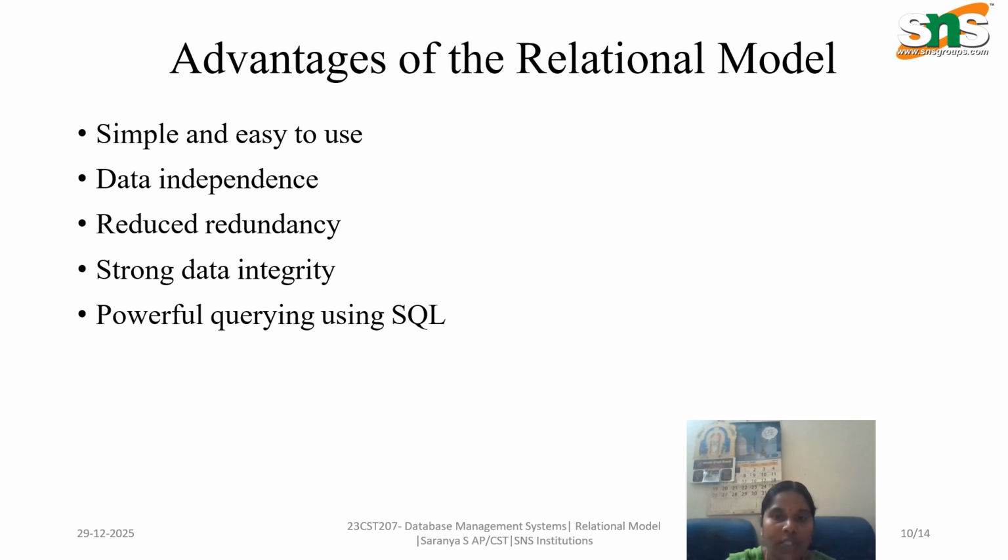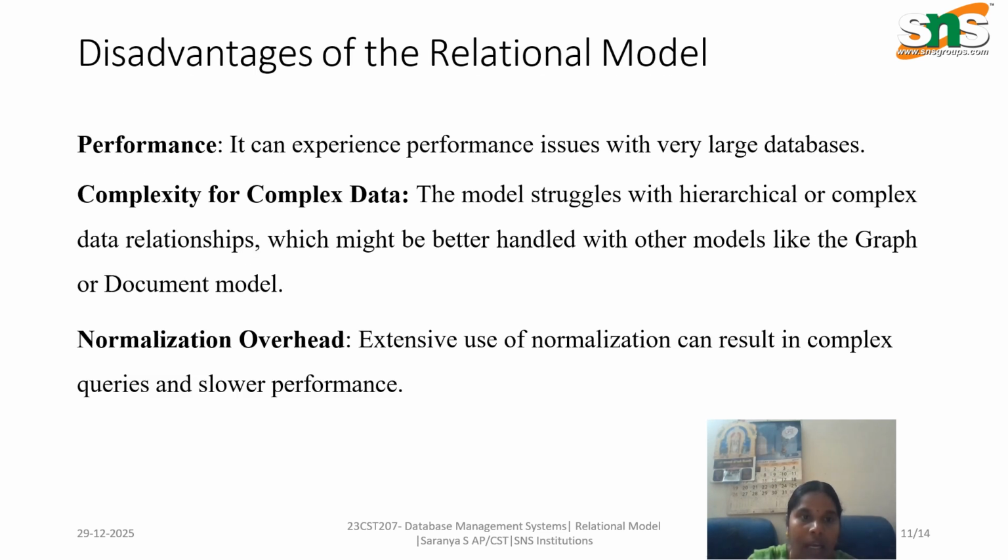The advantages of the relational model are that it is simple and easy to use, with data independence, reduced redundancy, strong data integrity, and powerful querying using SQL. The disadvantages of the relational model are performance issues with very large databases, and complexity for complex data.